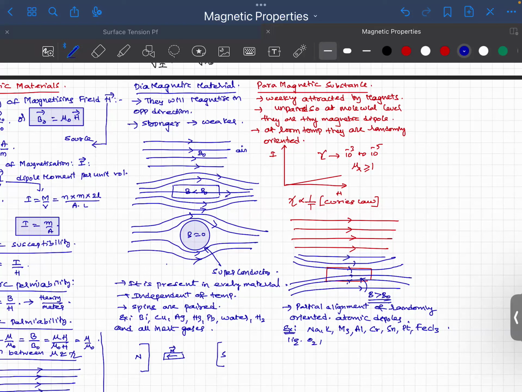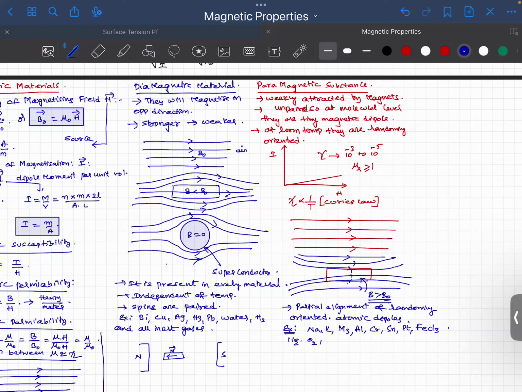They generally move from stronger field regions to weaker field regions. Paramagnetic substances: these materials are weakly attracted by magnets, and have a single, lone pair. Am I right? Unpaired, actually.